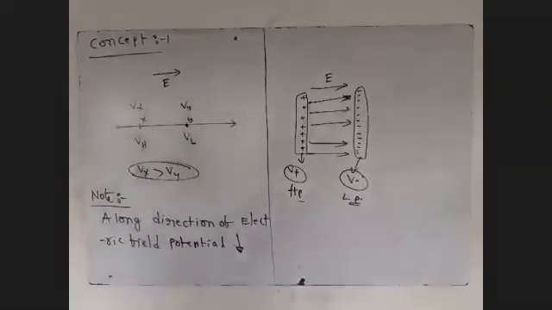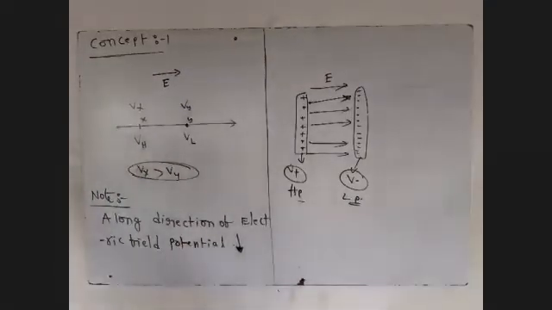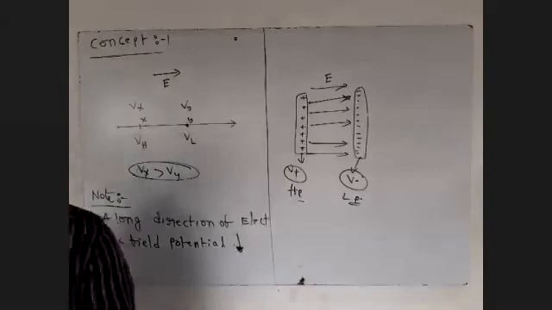This is a very important point. Along the direction of electric field, potential decreases. This is concept number one. This is very important. So next, concept number 2.